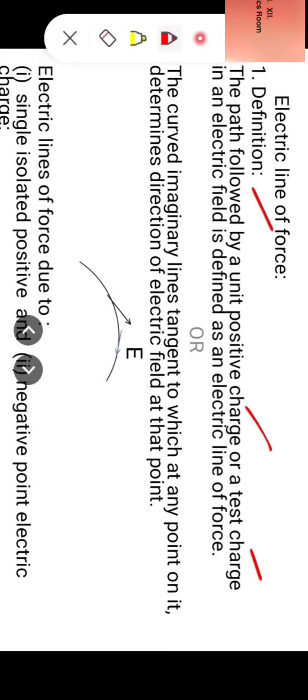Here see, it's a curved line which is electric line of force, and we have drawn a tangent. This tangent gives us direction of electric field.